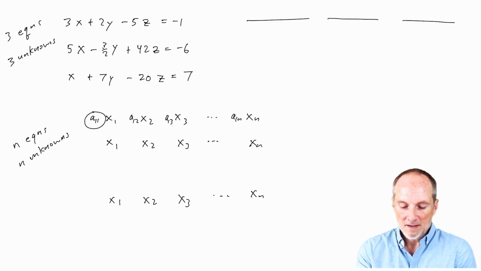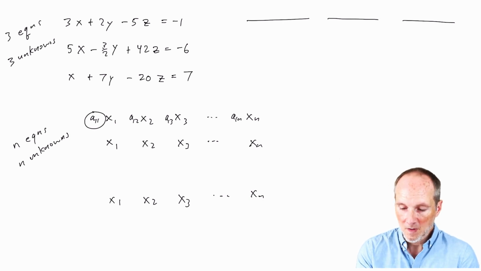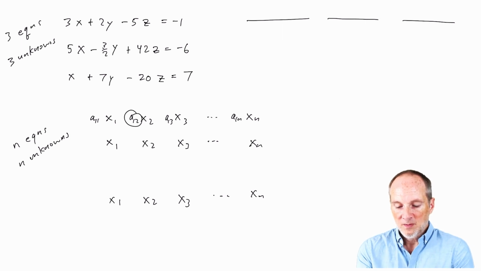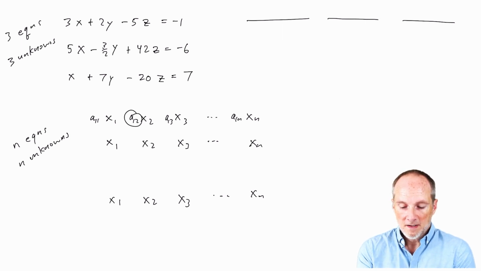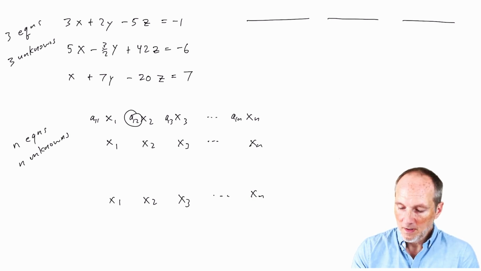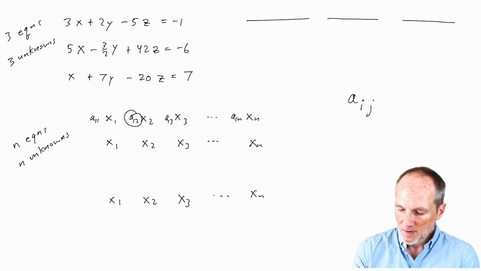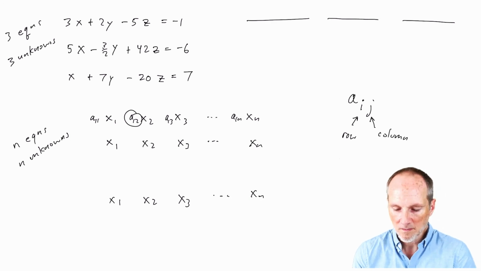What that means is that this is the coefficient in the first row and first column. Here, I have a with the subscript 1, 2. That is the coefficient in the first row and second column. Okay, so in general, if you have these double subscripts, the first one refers to the row and the second one refers to the column, just a convention that we use.